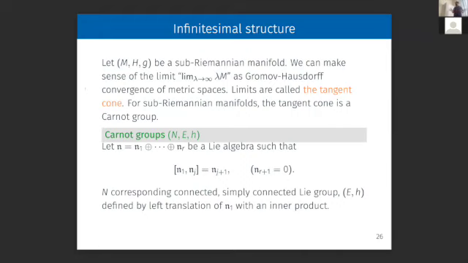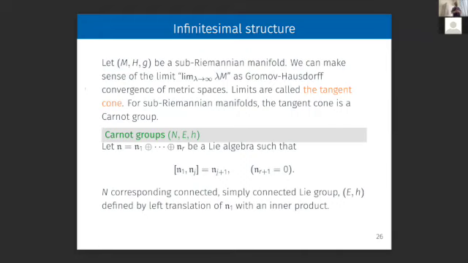You get a simply connected group, and then you can get a sub-Riemannian structure by doing left translation of the first layer with its inner product. And so these are the flat spaces. This is what all sub-Riemannian spaces look like when you look very close.